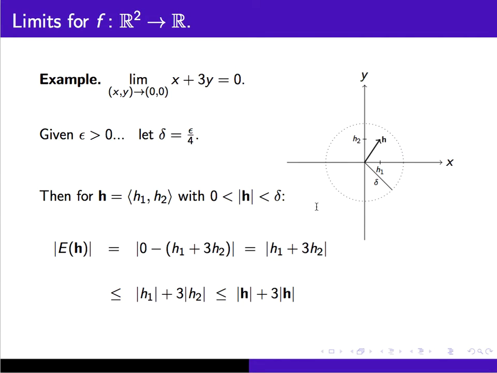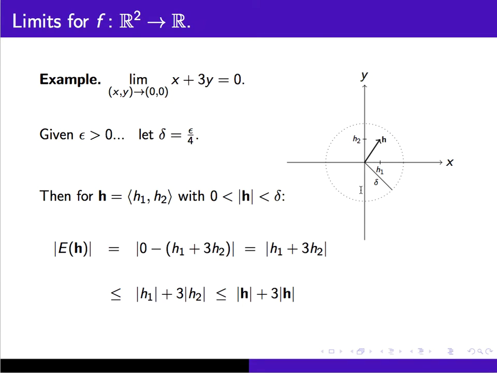So why is that? Well, if we think about what it means to say that h has magnitude less than delta, it means that that vector, this is the position vector of a point that lies inside the set of points in the plane, distance at most delta from the origin. So here's h, and it lies inside of this disk of radius delta.